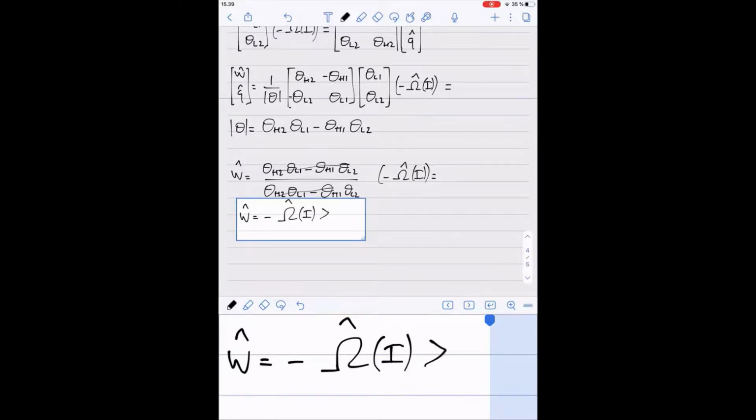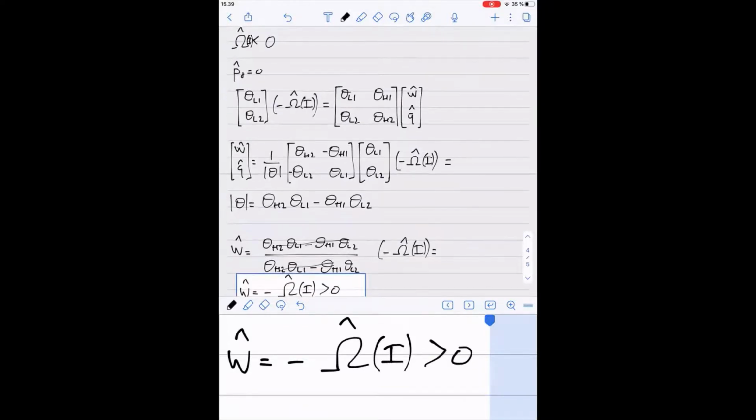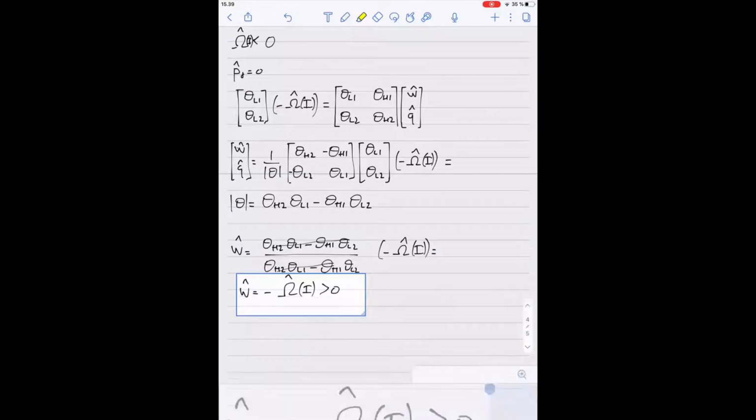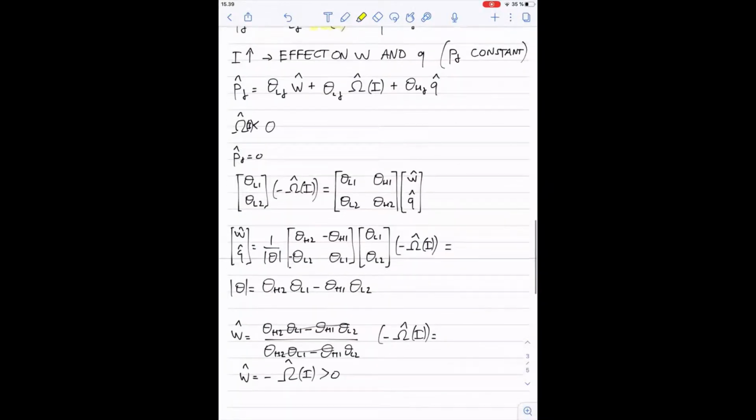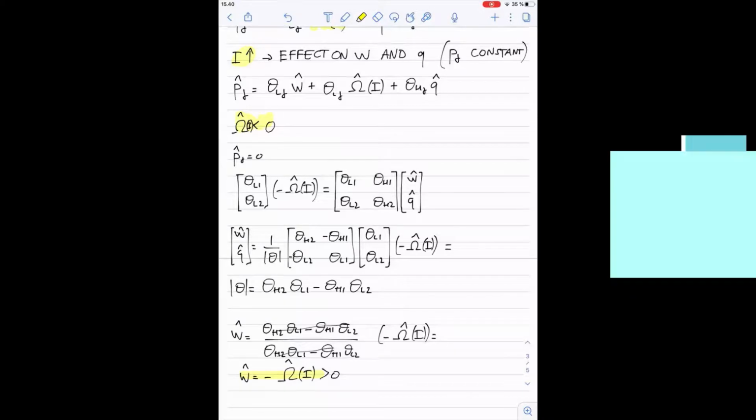which is positive, right? Because we showed before that omega hat is declining in I, and there is an increase in I, then omega hat is negative, and therefore W hat, which is minus omega hat, is positive. So the wage of low-skilled workers increases when we offshore some of the low-skilled tasks.